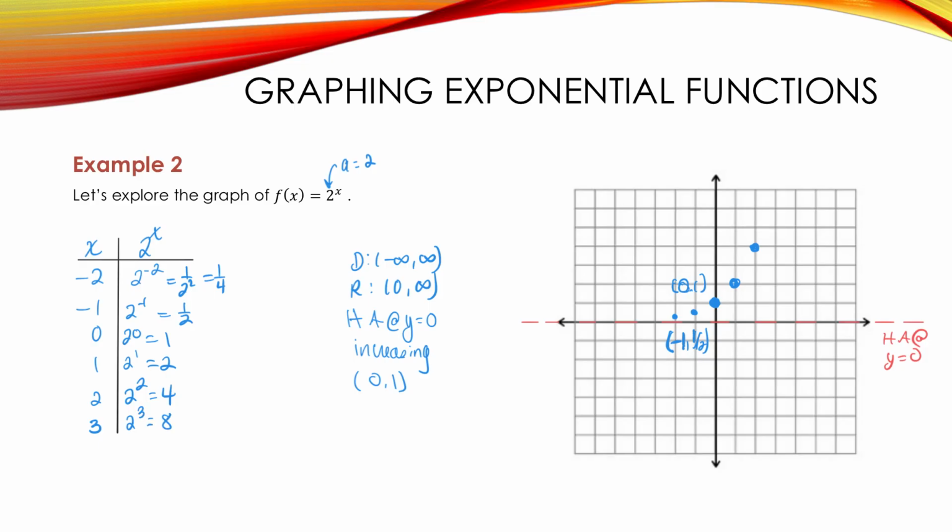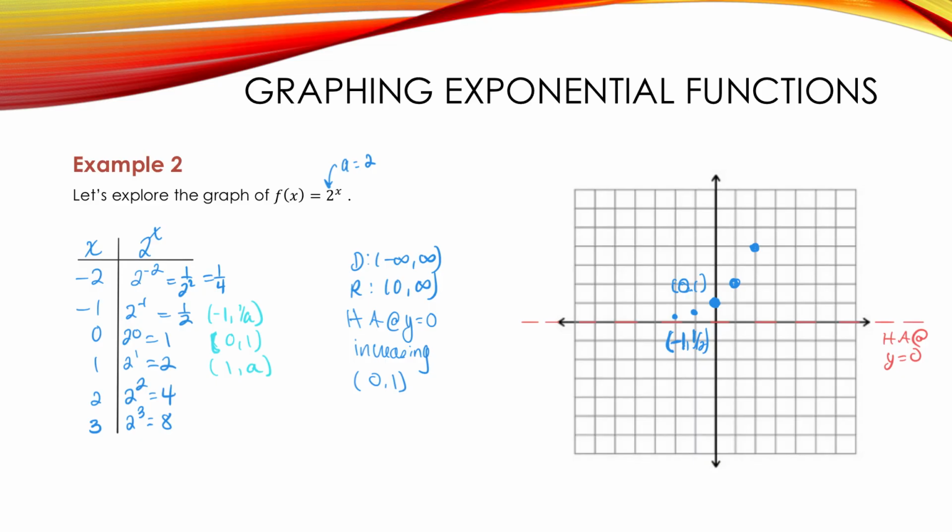What we do know is that we have a few points that were pointed out on the graph on the last slide, which was that at negative 1, we have negative 1, 1 over a, at 0, we have 0, 1, and at 1, we have 1, a, and those are absolutely true.